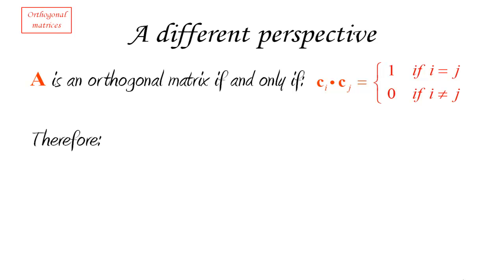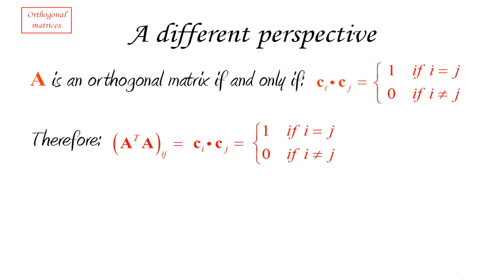That sounds familiar, right? Because in fact, if I compute the product of the transpose of A times A and I look at the ij element in this product, what am I really doing? I'm taking the ith row of A transpose times the jth column. Well, that's the same thing as taking the ith column of A times the jth column of A, right? And again, by that definition, this is equal to 1 if i is equal to j, and 0 if i is not equal to j.